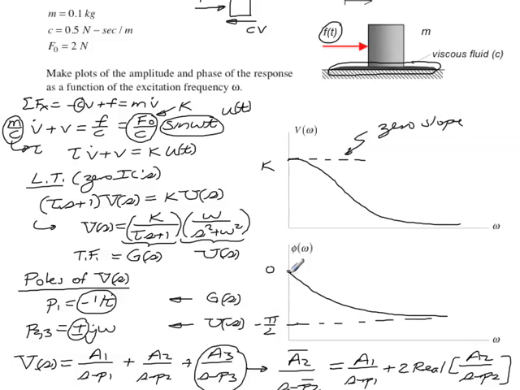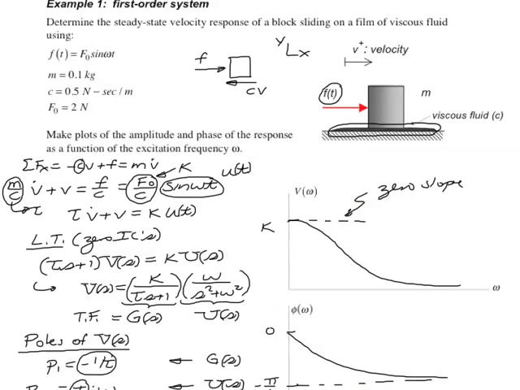The interpretation, well, if you think about this, if you apply a force to a block like this, for low frequency, basically the block's going to be going back and forth with some finite amplitude. But as you increase the frequency, the mass is such that it doesn't have time to respond if you apply that force too fast. So as you make the frequency large, you're not really giving the mass enough time to respond.